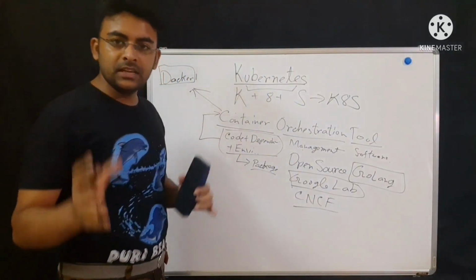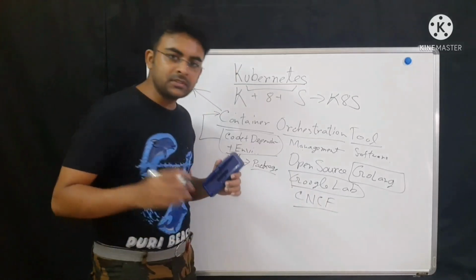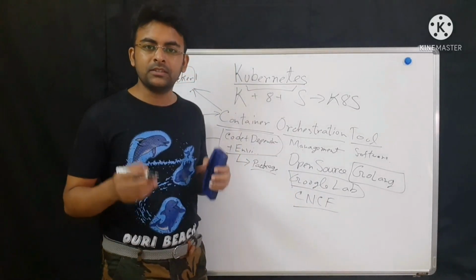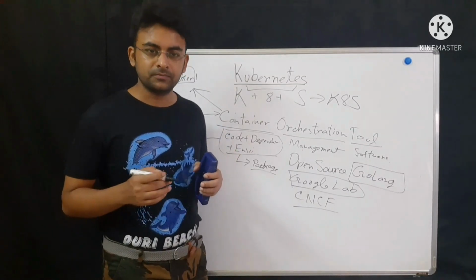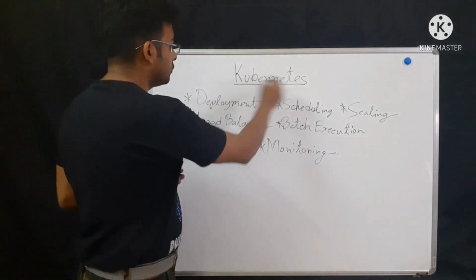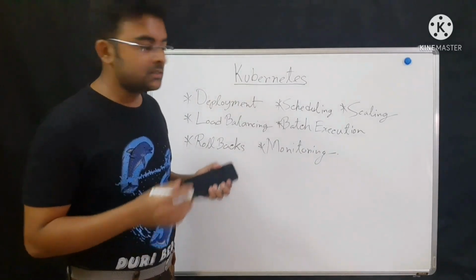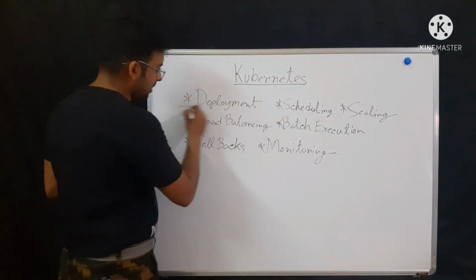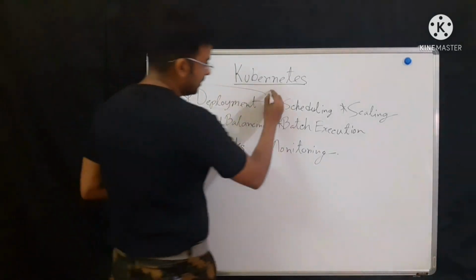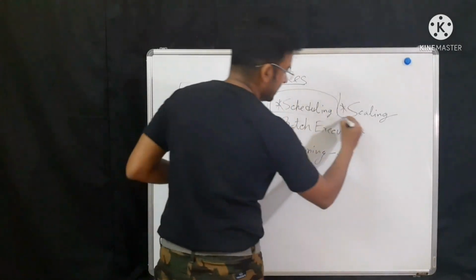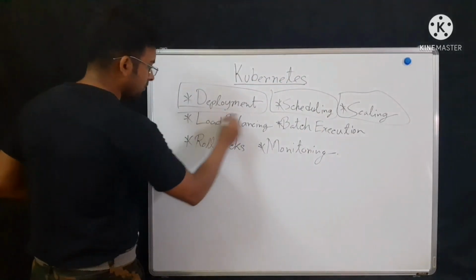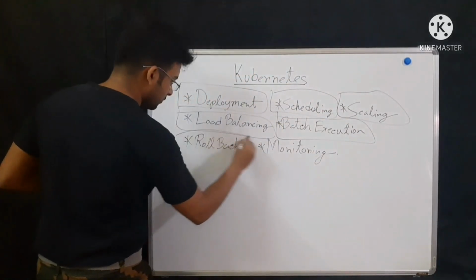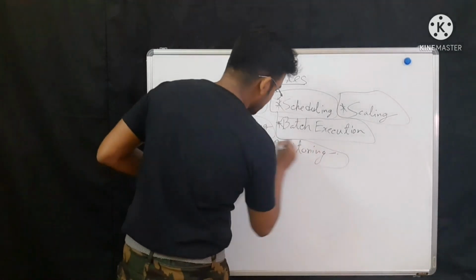So what is CNCF? CNCF is the Cloud Native Computing Foundation, and it's a Linux Foundation project that mainly works on container technologies. As I said previously, Kubernetes automates and manages containerized applications. Kubernetes handles deployment, scheduling, scaling, load balancing, batch execution, rollbacks, and monitoring.